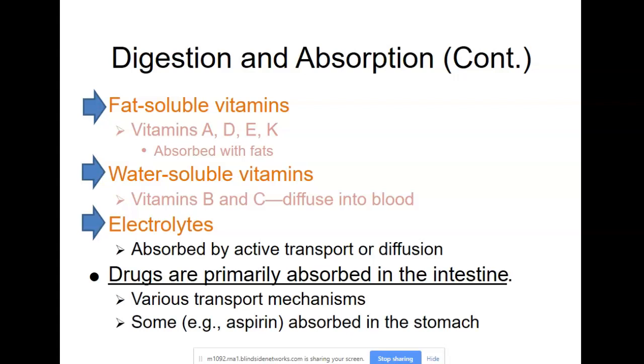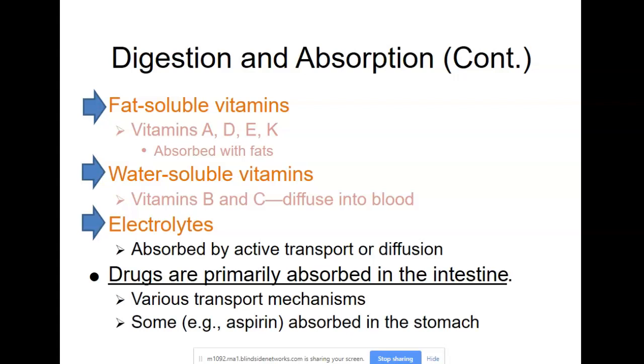So electrolytes, we're talking about larger molecules like sodium and chloride, well, salt rather, potassium, some bicarbonate. Some of them can float freely. Some of them hitch a ride with transporters. But most electrolytes are going to be absorbed directly via your small intestine.